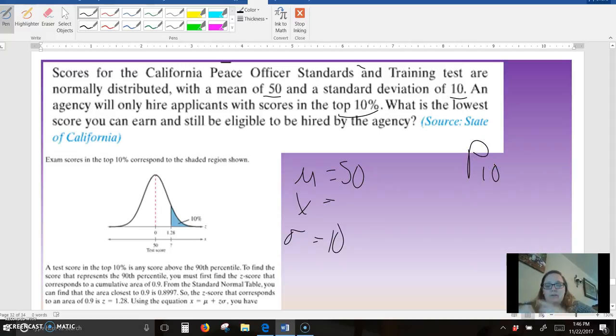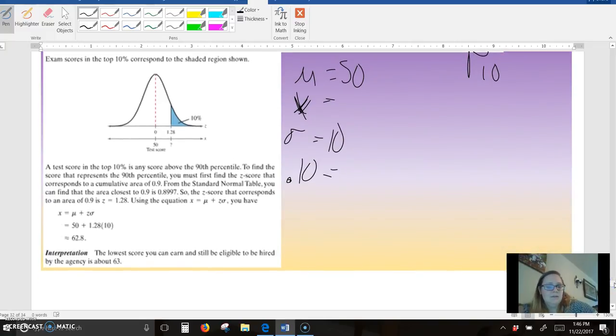What's the lowest score you can get? So we want to know the score. We're at 0.10, so I need to find the appropriate z for that.